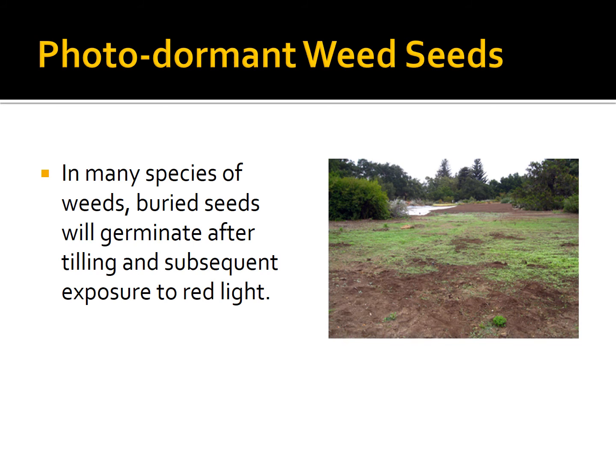And if you come along with something like a rototiller, and let's say you want to make a garden and you till up the soil, so you're turning the soil over and you're taking these seeds that were buried in the soil and you're bringing some of them up to the surface where they can be exposed to light, so they get their zap of red light, and then all of a sudden all these weed seeds germinate and you end up with something that looks like the scene in the picture to the right. So it's red light that those weed seeds need for germination, just like lettuce seeds require red light for germination as well.